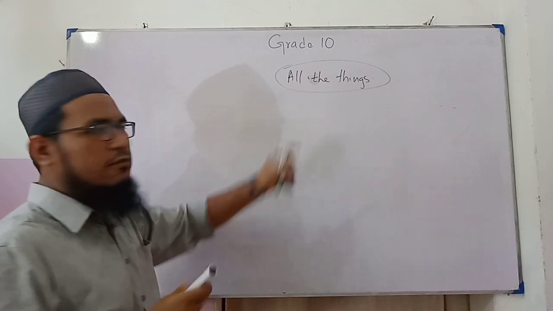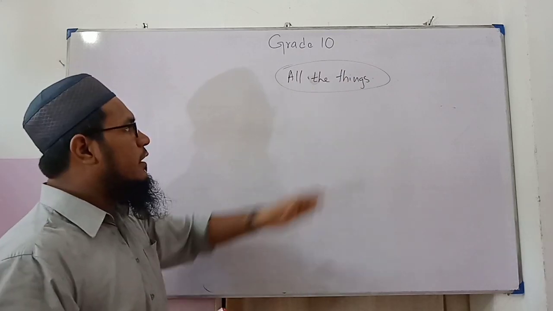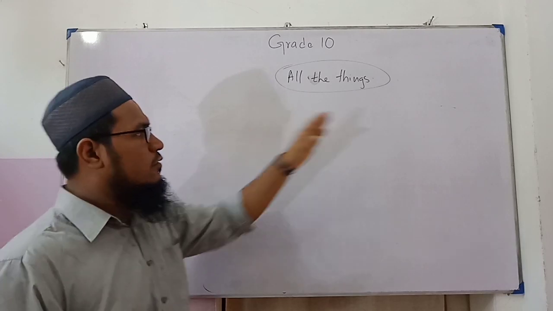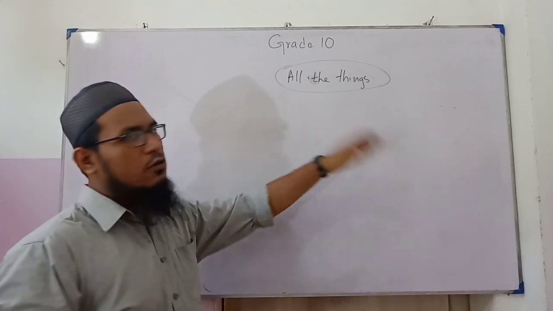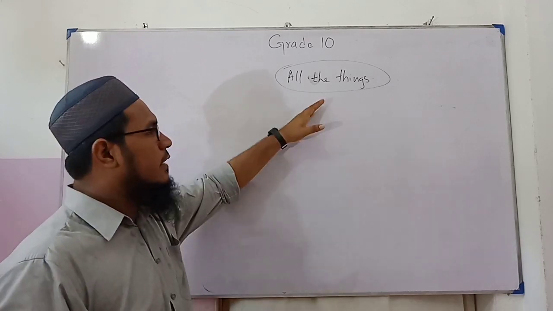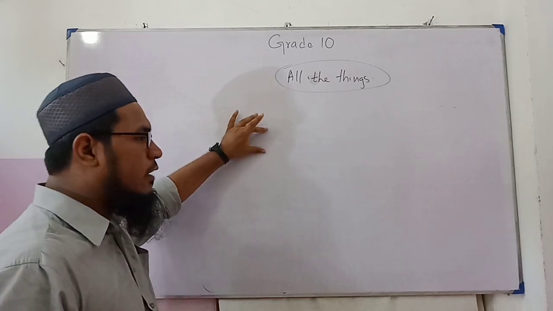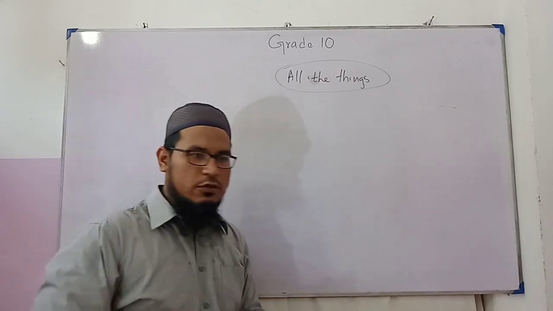Everything which is present in the world can be divided according to living things and non-living things, or else it can be divided as microscopic or macroscopic.